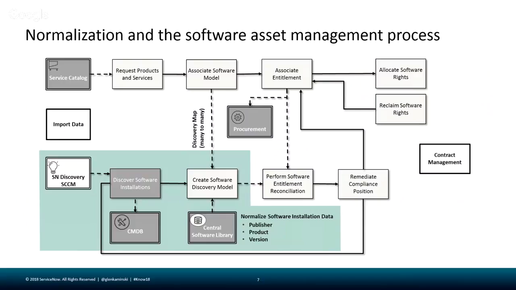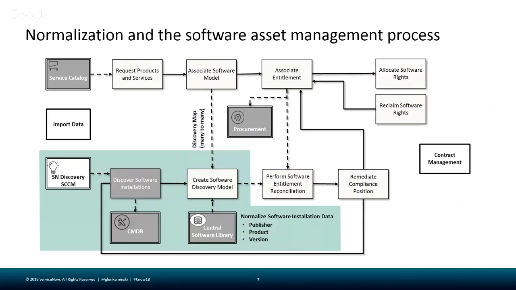It starts with discovery, and as you can see, we've shown a couple of examples of discovery tools, ServiceNow Discovery and Microsoft SCCM. We take then the discovered software installations and bring that into ServiceNow. The tie to the CMDB that you see is the tie to the hardware that that software is installed on. And we'll talk a little bit more about that in a moment.